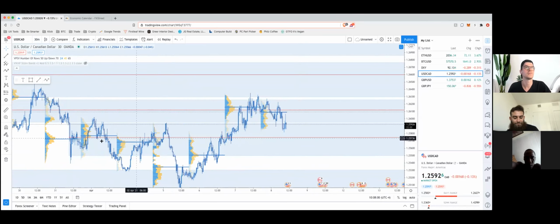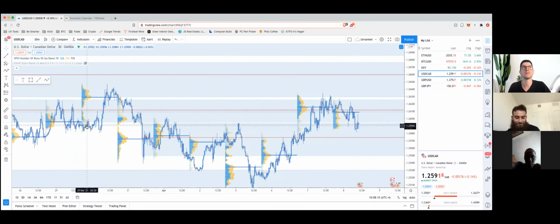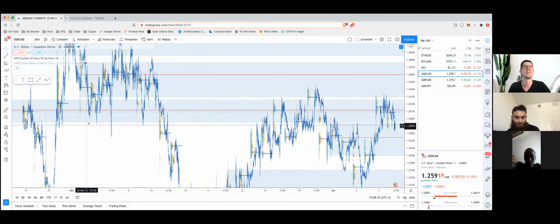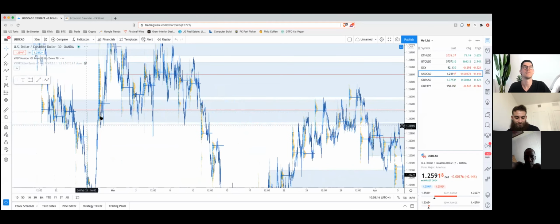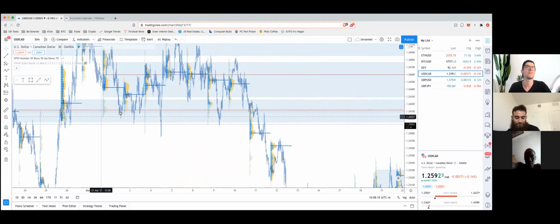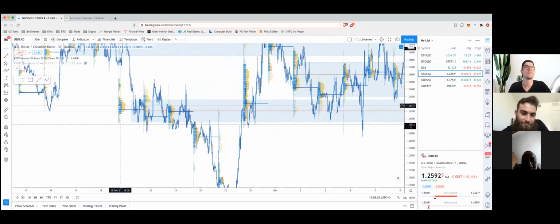Price ranged here for 2 to 2.5 days, so that's one composite zone. And then our other one is farther back, in February, where we have this zone here. We have 3 profiles overlapping, so we just mark that.